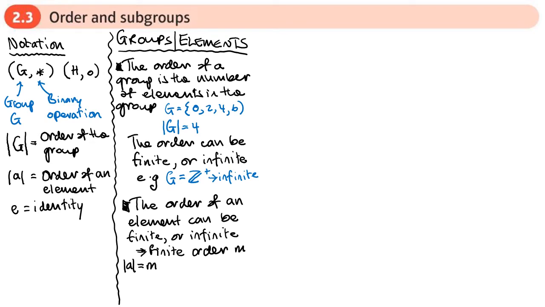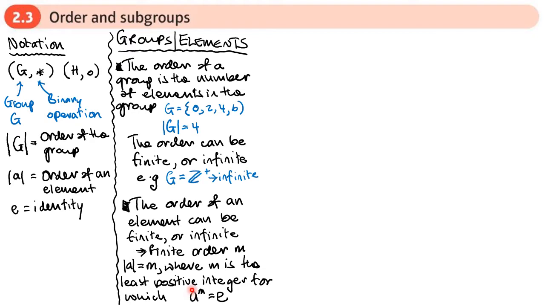Where does m come from? Okay, this is where m is the least positive integer for which A^m equals E. Okay, so basically, let's say A^4 was E, then the order of A would be 4.